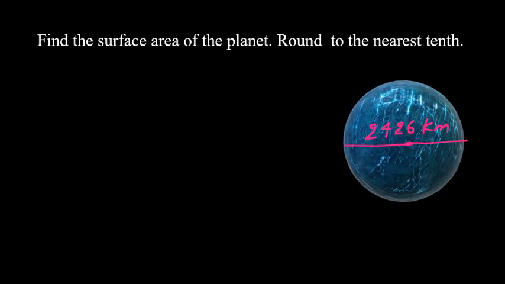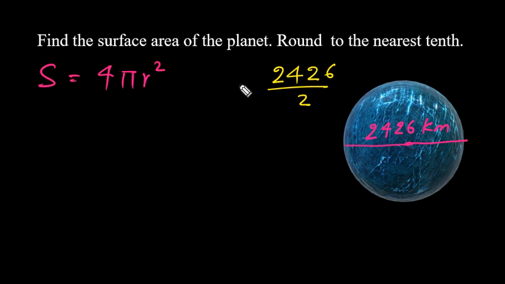Now let's try to solve this. The formula for a sphere, again, is 4 pi r squared. Do you know the radius here? No, so we need to find the radius. The radius will be half of the diameter, so 2426 divided by 2.